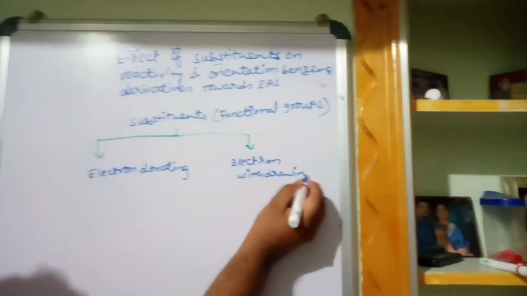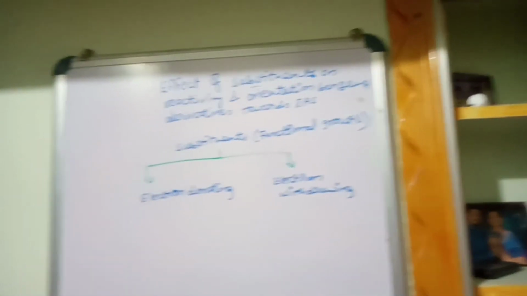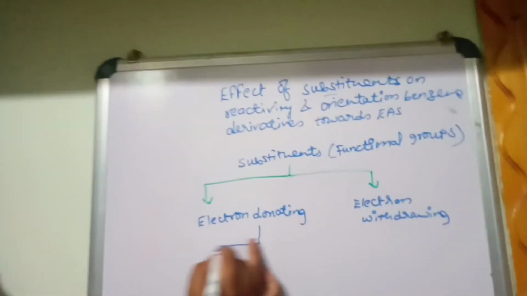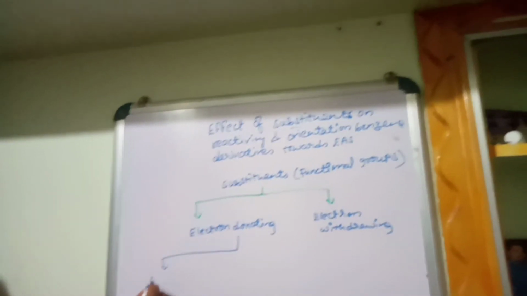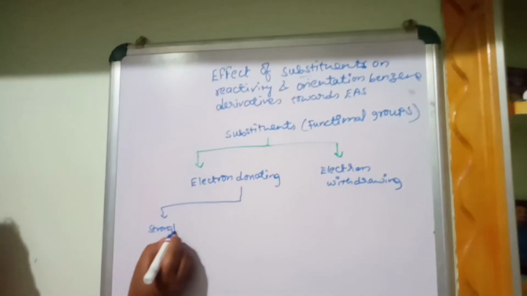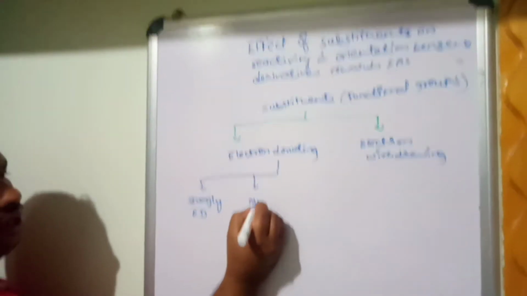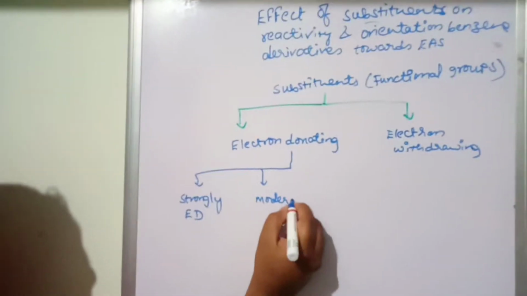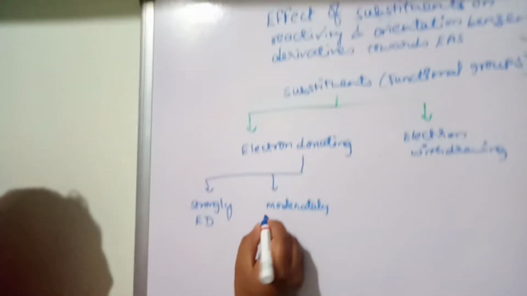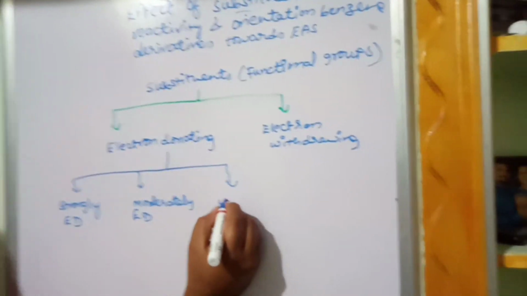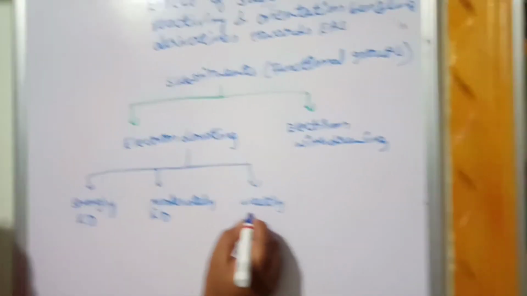What are these electron donating groups? The electron donating groups can again be classified as strongly electron donating groups, moderately electron donating groups, and weakly electron donating groups.